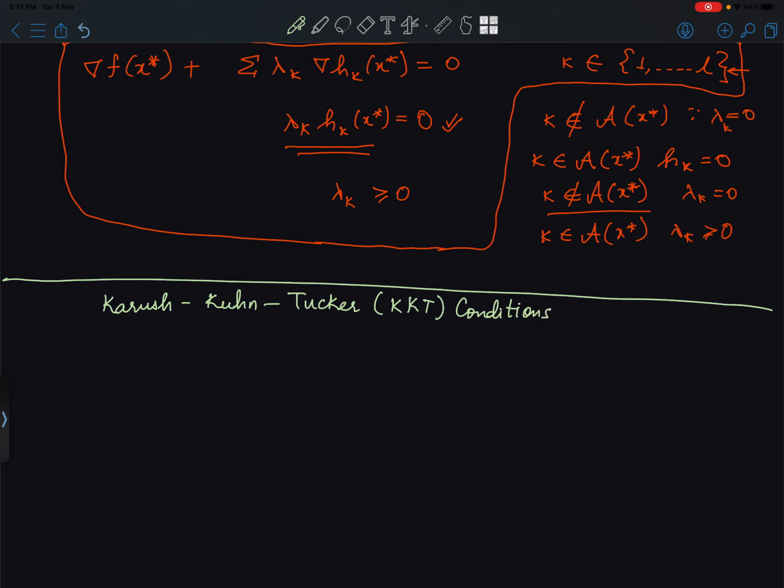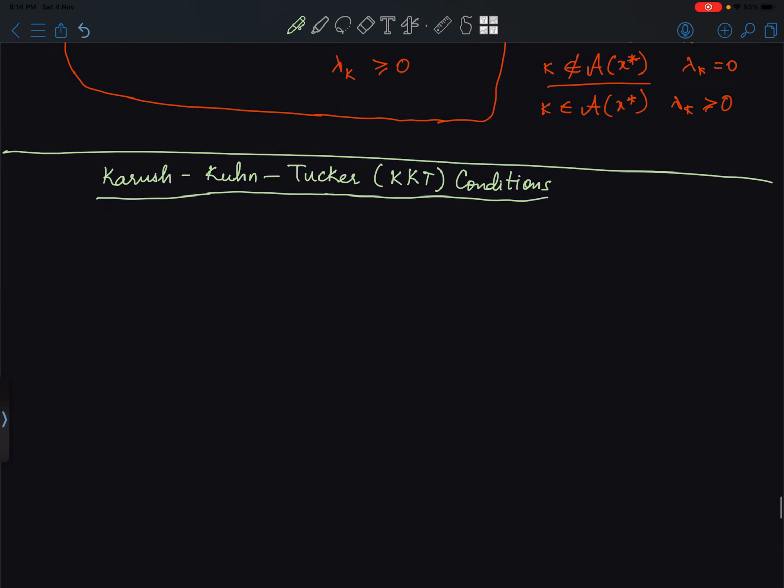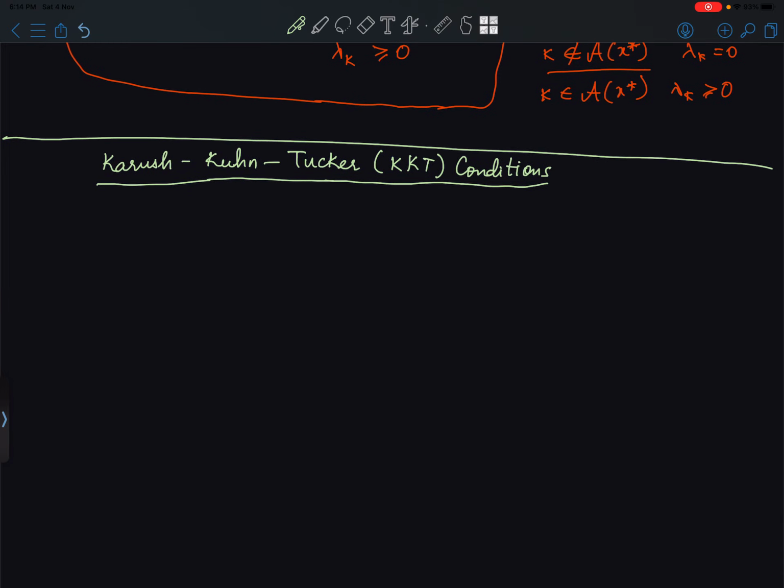So Karush and Kuhn-Tucker basically came to these conditions independently. So everyone was given the credit, and that is why we call it KKT conditions for short. These conditions are quite famous for solving constrained optimization. And whenever I mention KKT conditions in this course, I refer to the conditions that I'll describe now, or what we have derived till now basically, right?